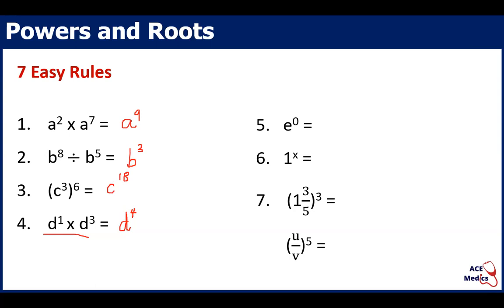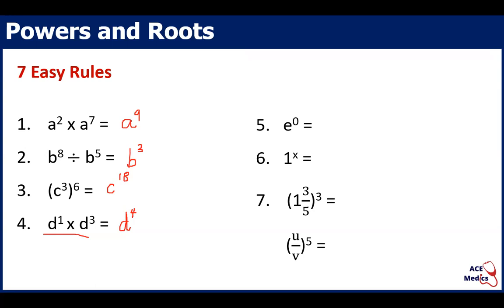Okay, what about number 5 then? So e to the power of 0. Does anyone know what that might be? Anyone have an idea? 1, fantastic. Yeah, so anything to the power of 0 is going to be 1.